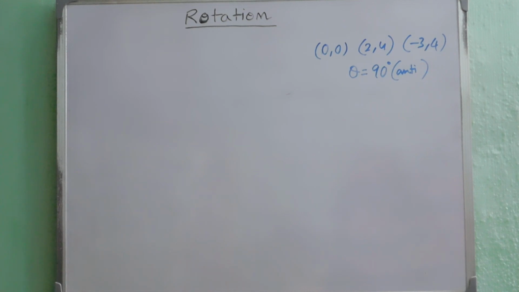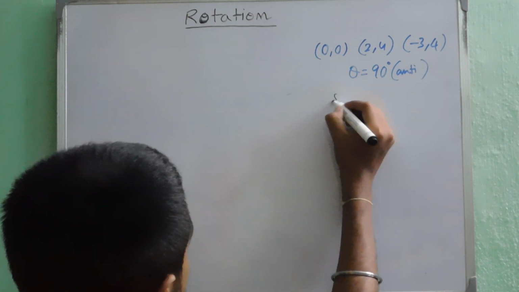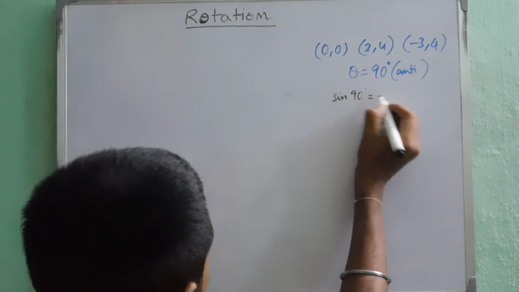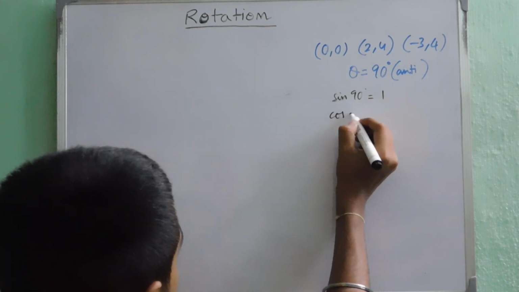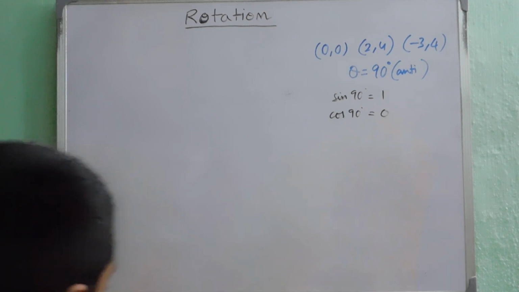So we will rotate the triangle in anti-clockwise direction by 90 degree. First of all we need to write the values of sin 90 degree, that is 1, and cos 90 degree, that is 0.